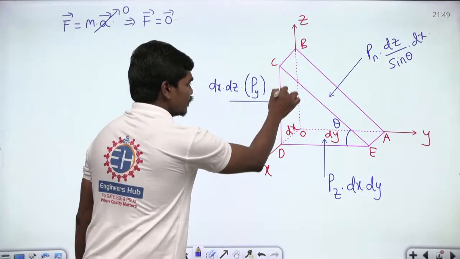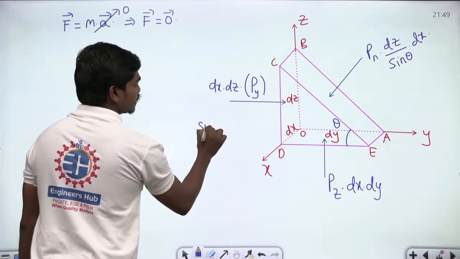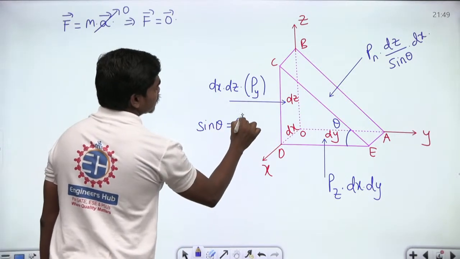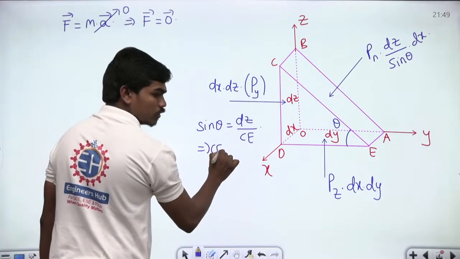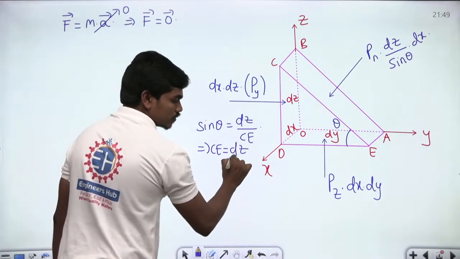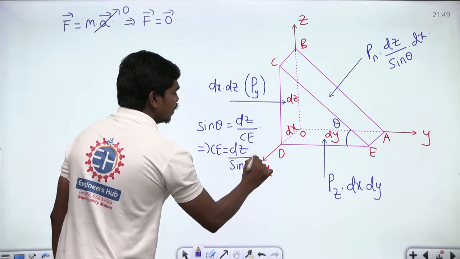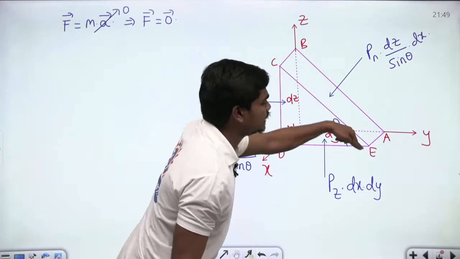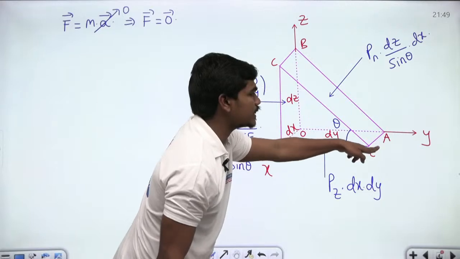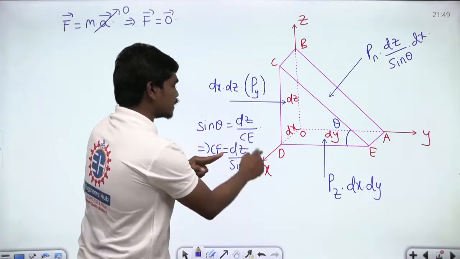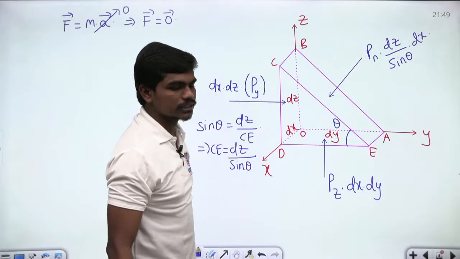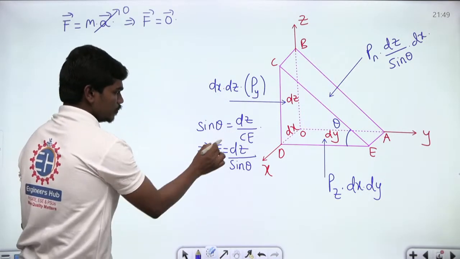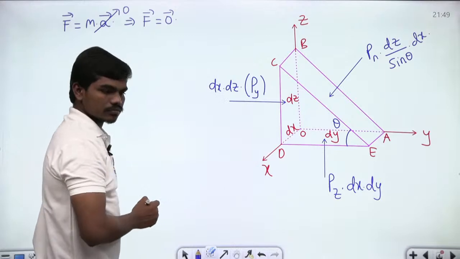Because from this triangle you can write sine theta is equal to dz divided by CE, and this implies CE is equal to dz by sine theta. This area is nothing but CE into AE, and AE length is dx. So CE is nothing but dz by sine theta from this triangle. So Pn into dz by sine theta into dx. Is that clear now?